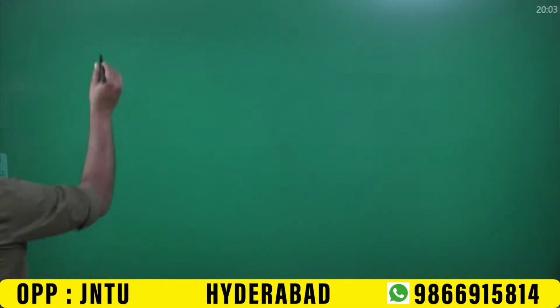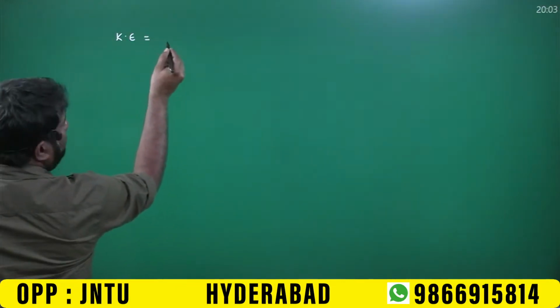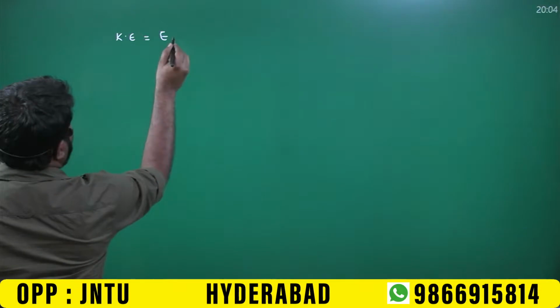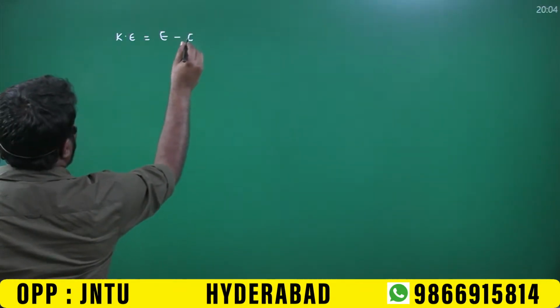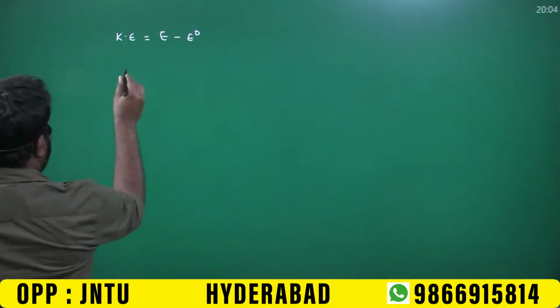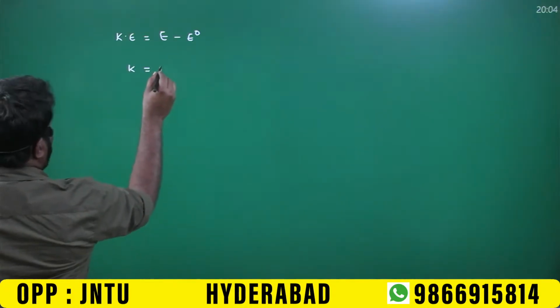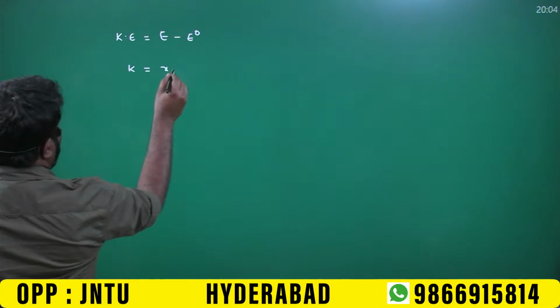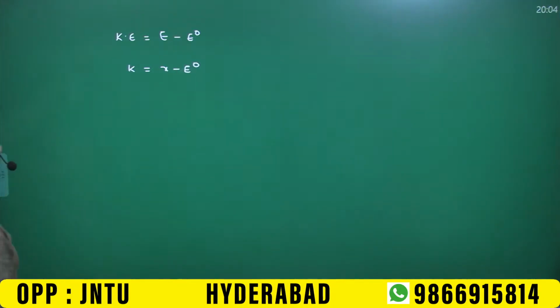What is the formula of kinetic energy? Kinetic energy equals energy minus threshold energy, E naught. First, K1 is given as K: K equals X minus E naught, we don't know E naught.